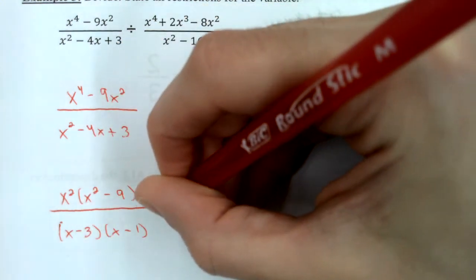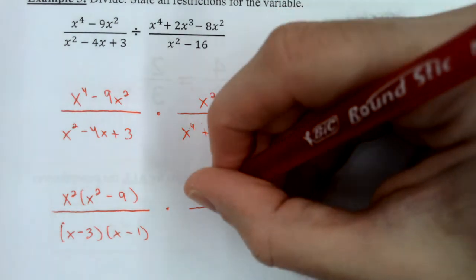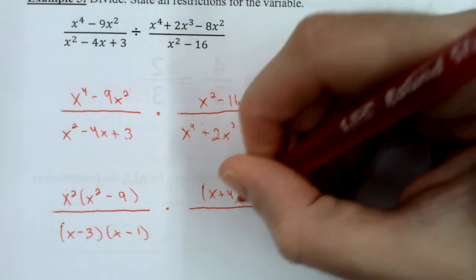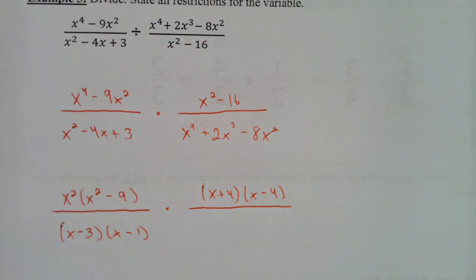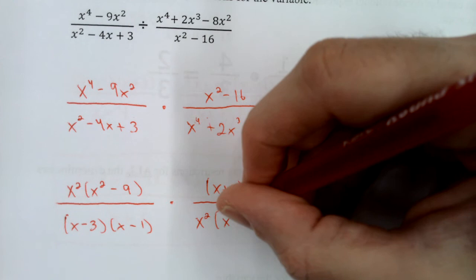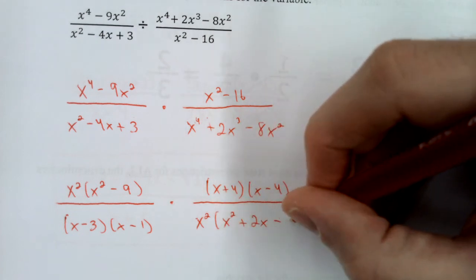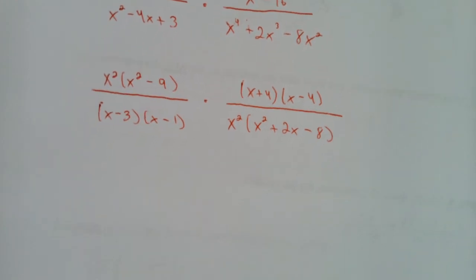The top right, that's the difference of two squares: x plus 4 times x minus 4. The bottom right has a GCF of x squared. Factor that out, which leaves you with x squared plus 2x minus 8. And now you actually have to factor more.